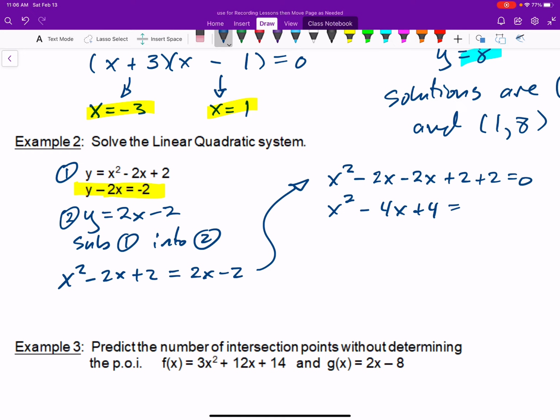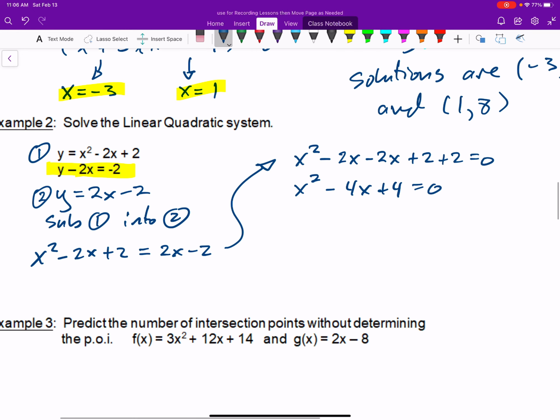And again, I need to solve this. So again, I start with factoring. Are there two things that I can multiply to get 4 and add to get negative 4? Well, nothing springs to mind immediately. I could try the quadratic formula. Let's jump to that and just see what that gets us.